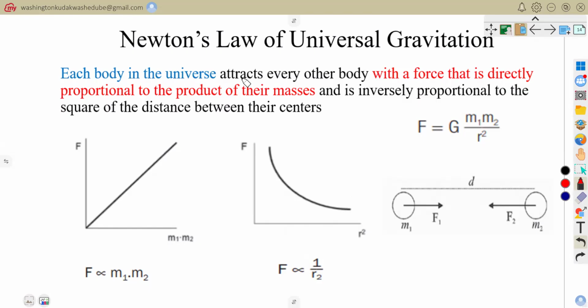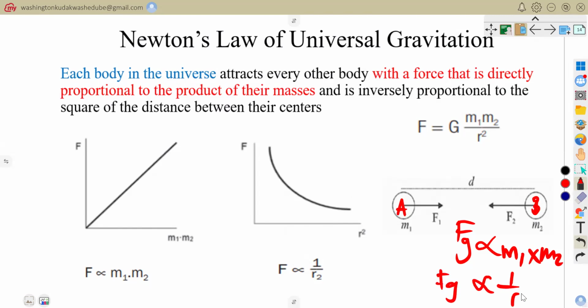For example, I've got body A and body B. You would see that body A is always attracted to body B with a certain force that we call the gravitational force, which is directly proportional to the product of the two masses, the mass of body A and the mass of body B. But this force is inversely proportional to the square of the distance in between them.